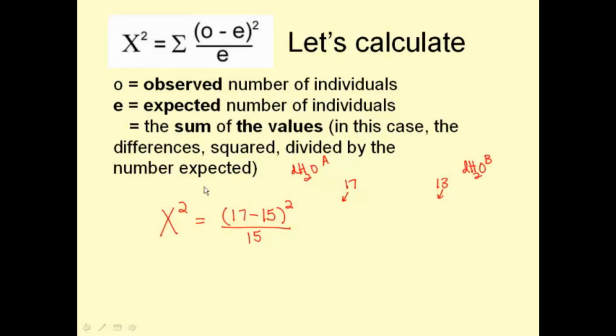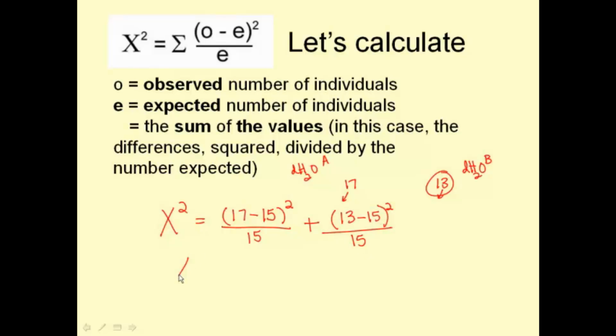Then the sum part means that we're going to add to that the same calculations for side B, for those 13 flies. There we observed 13 flies minus we expected 15. We square that and we divide by 15.